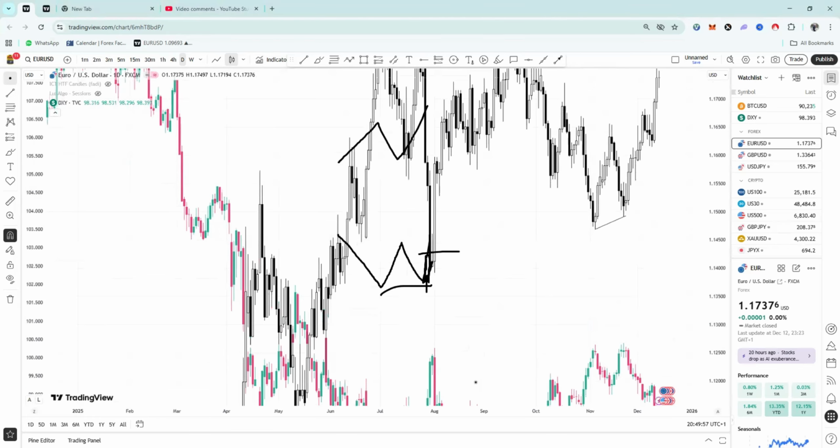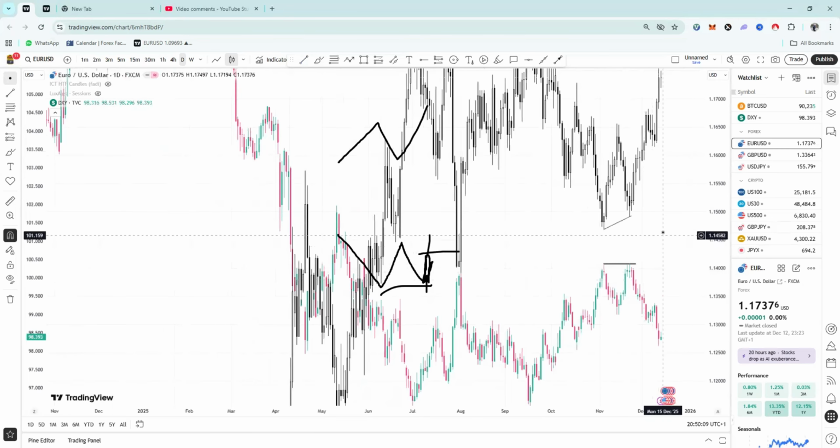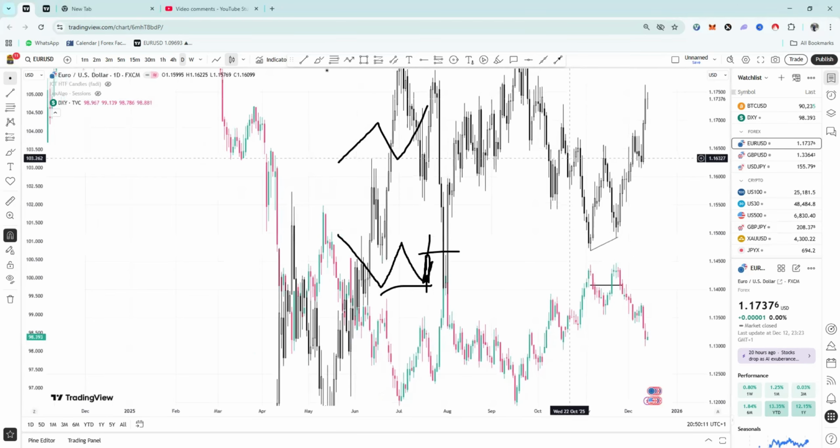Because of that SMT, Euro USD, which is in black, has been pushing higher. But DXY is not really pushing that low that much. If you see here, this high has already been taken out on Euro USD, but the same low on DXY has not yet been taken out. That is the effect of SMT.